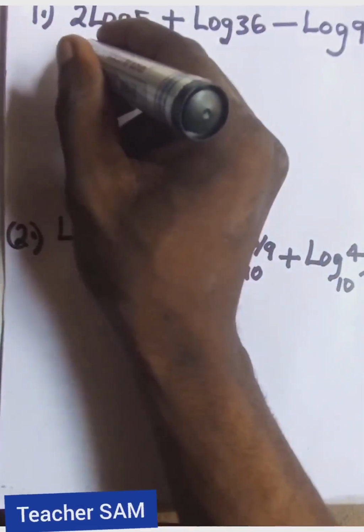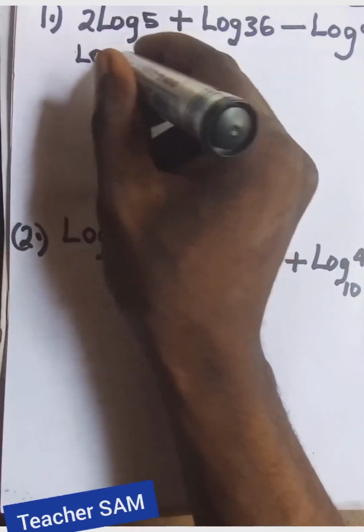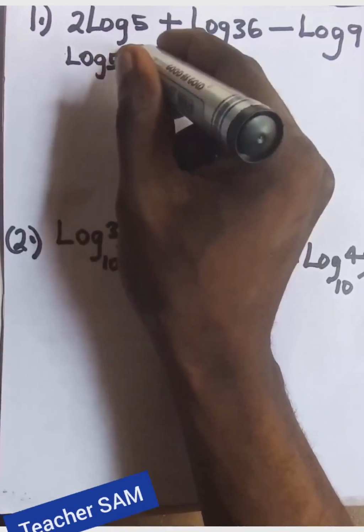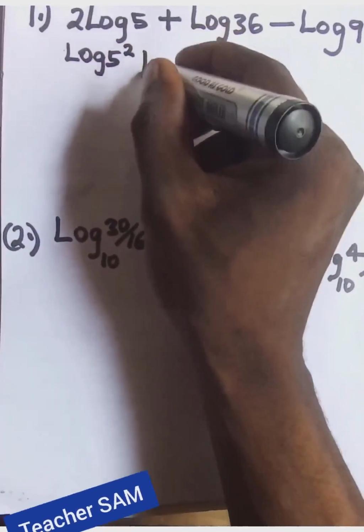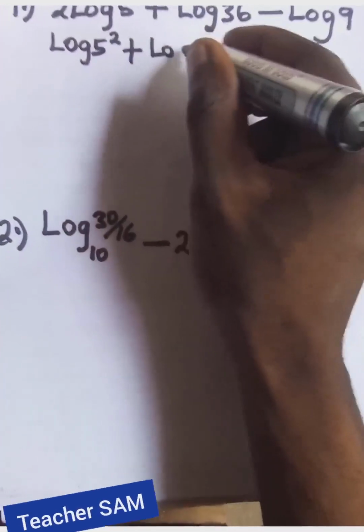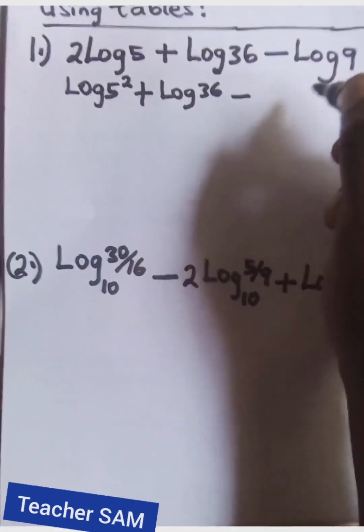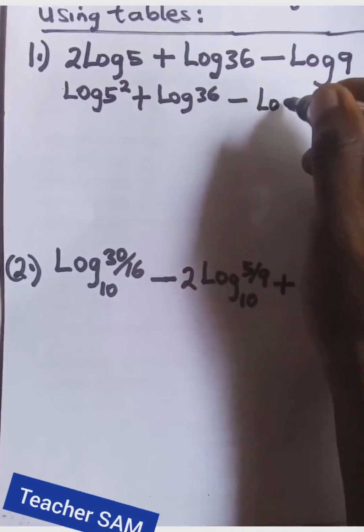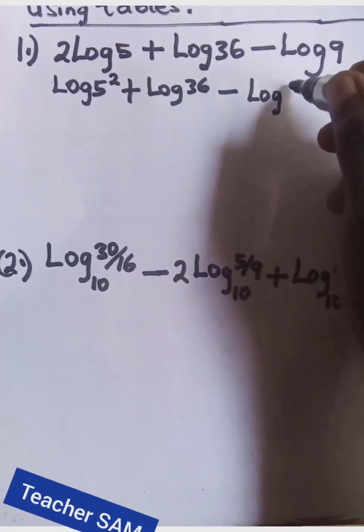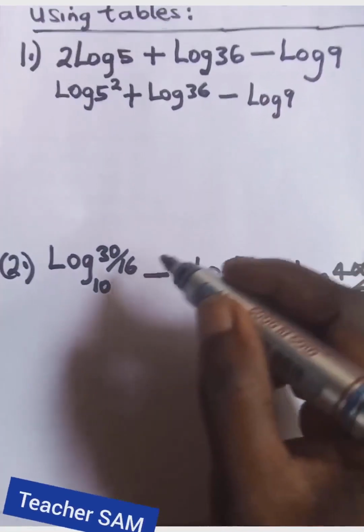So that will now be log 5 raised to the power 2 plus log 36 minus log 9. So we have that.